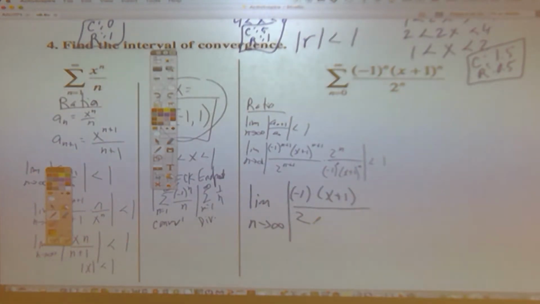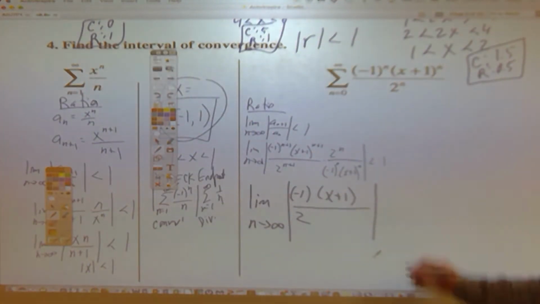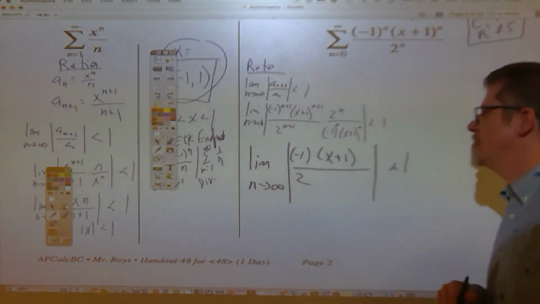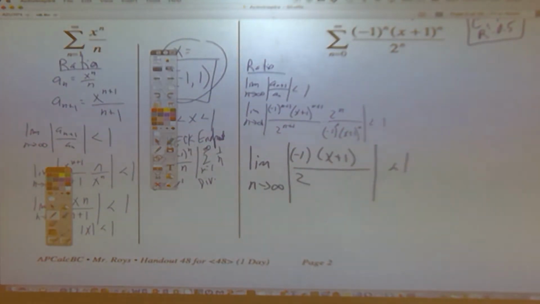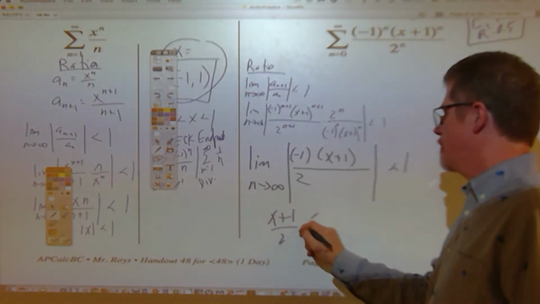And I believe that's all that survives. So notice when you take the limit as n approaches infinity, there are no n's anymore. And therefore, the limit is simply x plus 1 over 2.